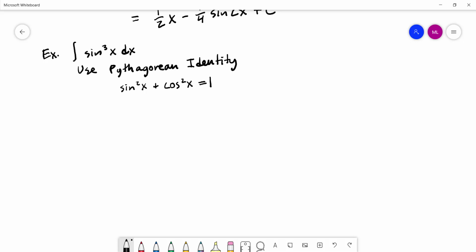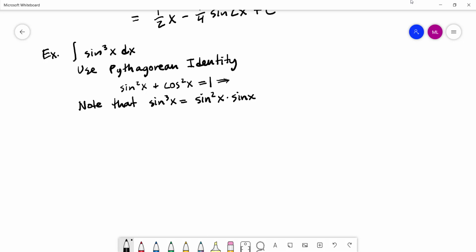So we note that sine cubed of x is equal to sine squared of x times another sine of x. And this sine squared, I'm going to replace using this Pythagorean identity.